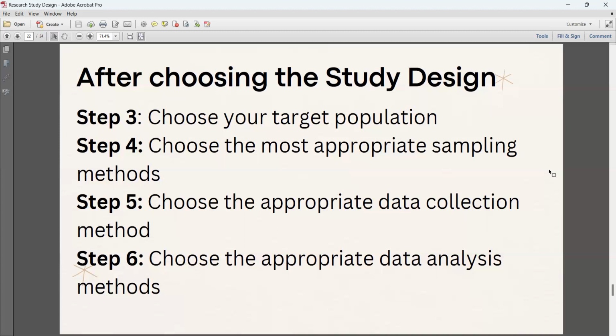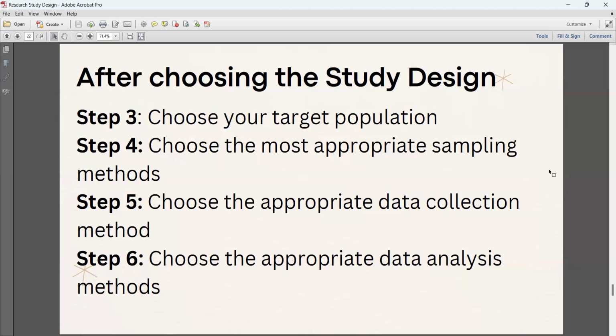If you have chosen a qualitative study design, say an exploratory design, then the most appropriate data collection methods could include focus group discussions, key informant interviews, or qualitative interviews. So you see how important it is to choose the right design, because then you will choose the most appropriate methods, including sampling methods, data collection methods, and also the data analysis method.